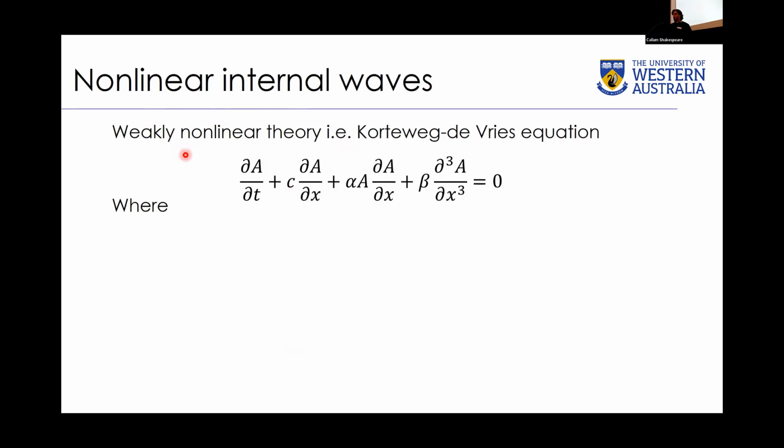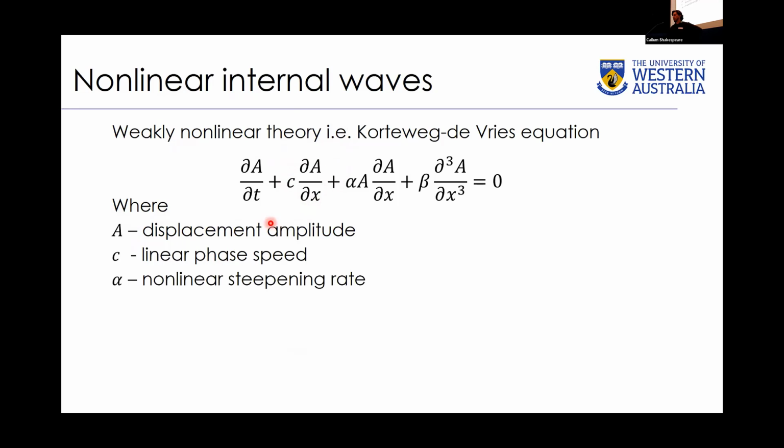we can look at weakly nonlinear theory, so the KdV equation in this case. So basically, you're modeling the time rate of change of a surface, so an internal surface, given by its linear propagation.